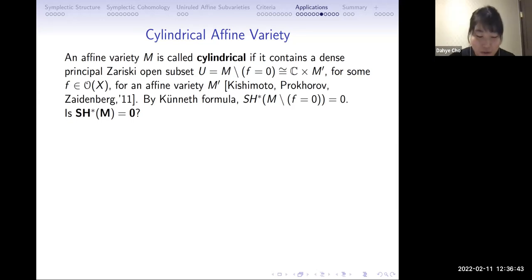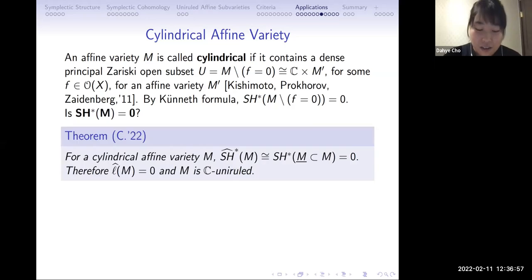I think the answer is no, because consider M to be the complex plane C, and delete one point, which gives a C star, so not isomorphic. But actually the result I had is yes, a version of symplectic cohomology of a cylindrical affine variety is vanishing, so we get C-uniruled.